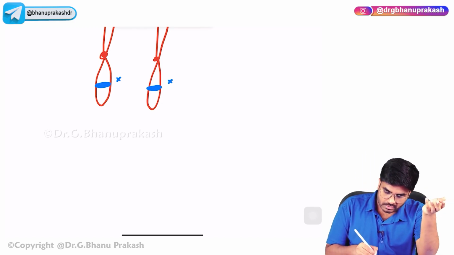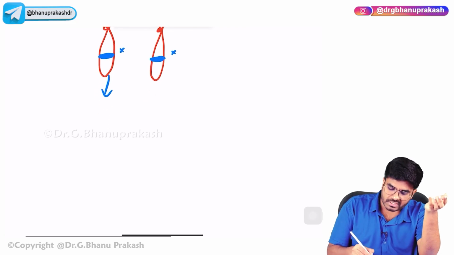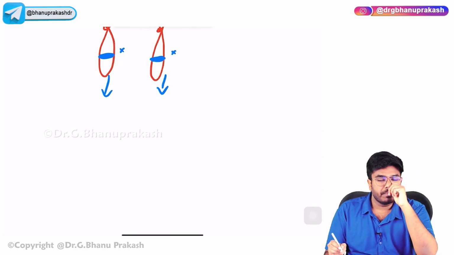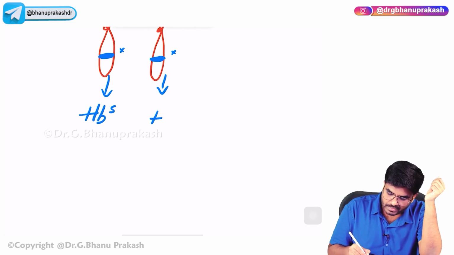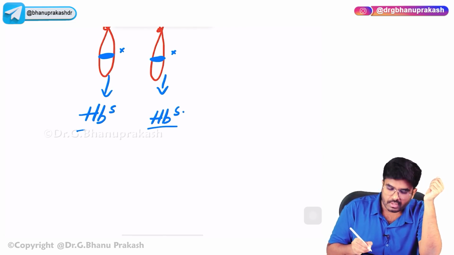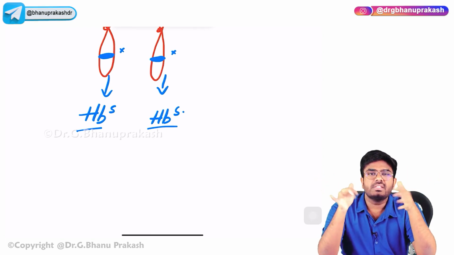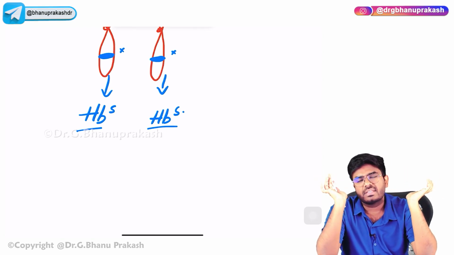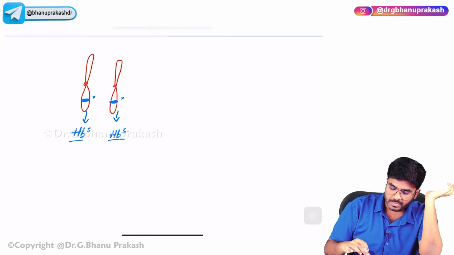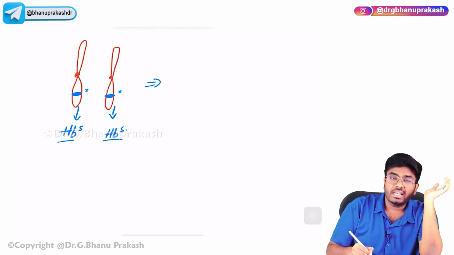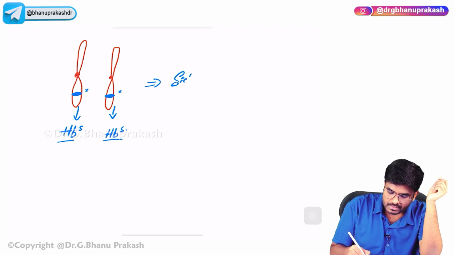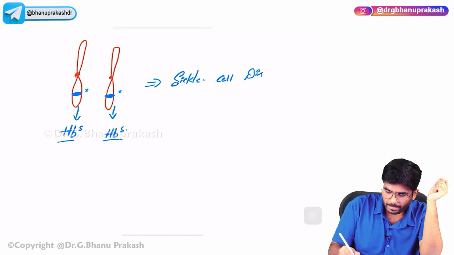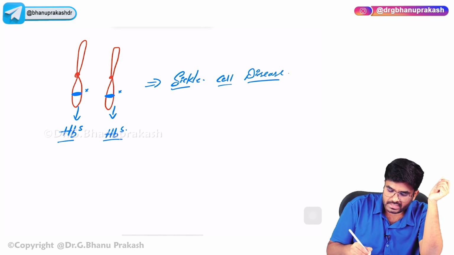So, these patients will have hemoglobin S. Completely there is no normal hemoglobin, there is complete sickle cell hemoglobin everywhere. So, these patients have sickle cell disease, not the trait.